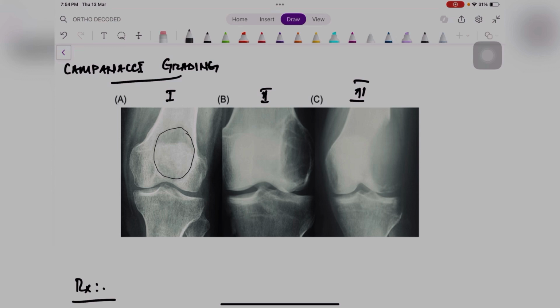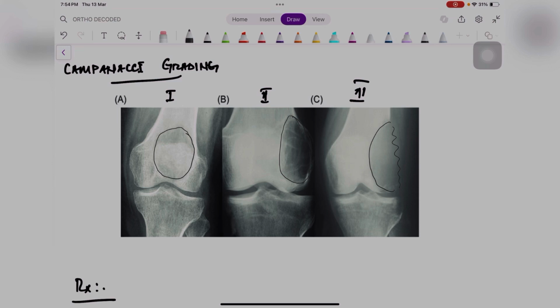Whereas in grade 2, the cortex is thinned out. Can you see the thinned out cortex here? And in grade 3, the cortex is breached. There is no cortex here. So this is the differentiation between grade 1, grade 2 and grade 3.